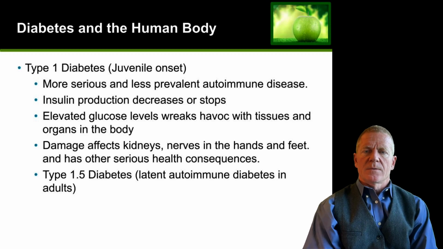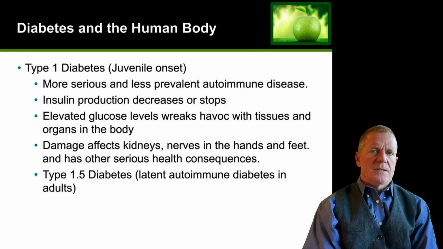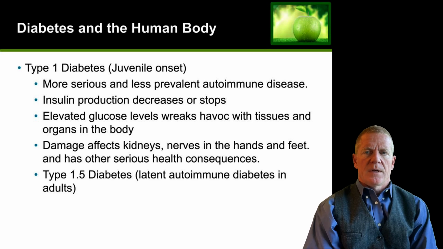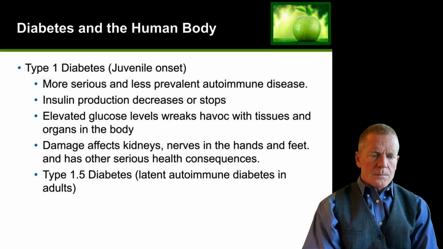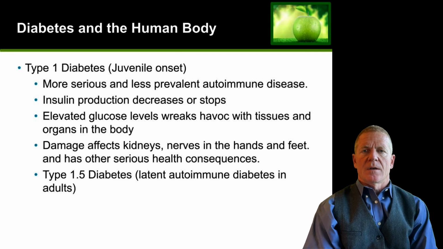People suffering from type 1 diabetes need to take insulin for life and are typically given an insulin pump. The damage associated with this kind of disease is seen in the kidneys and the nervous system, and it can have very serious health consequences if glucose is not managed carefully.